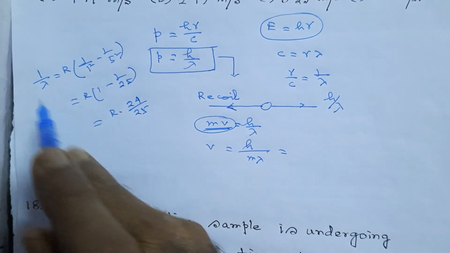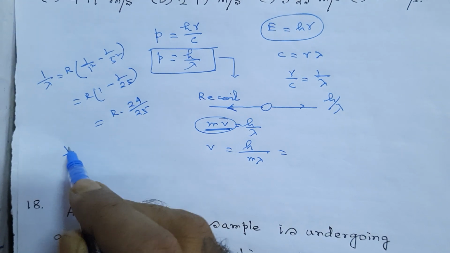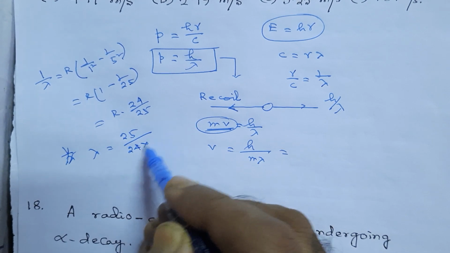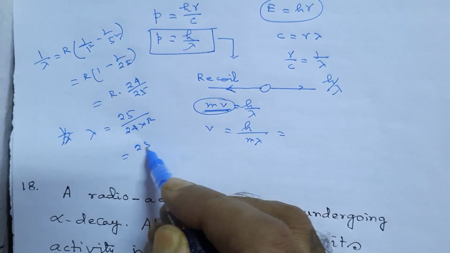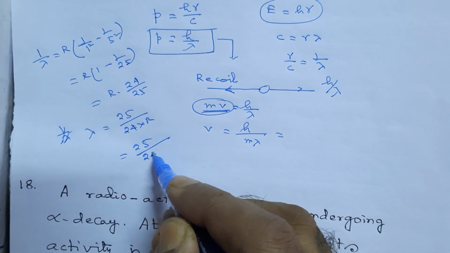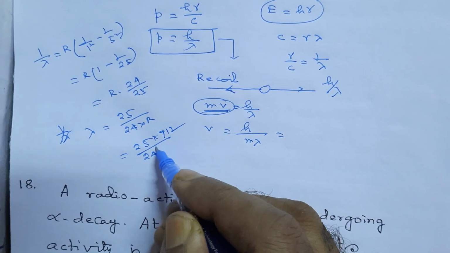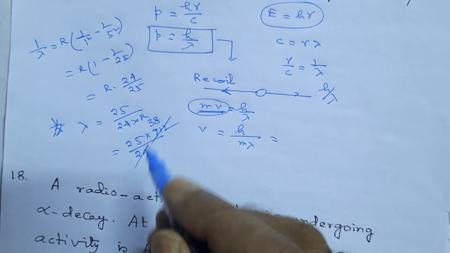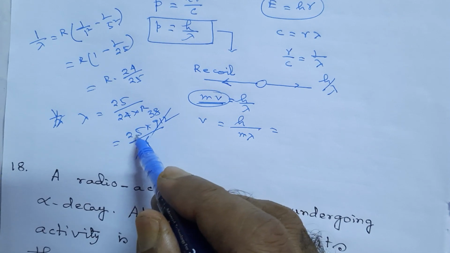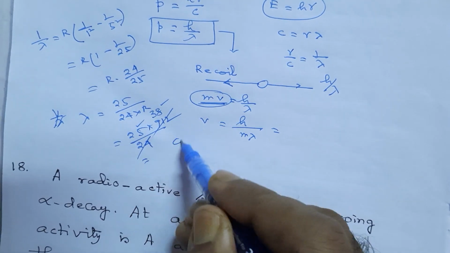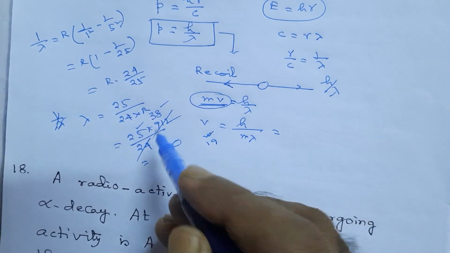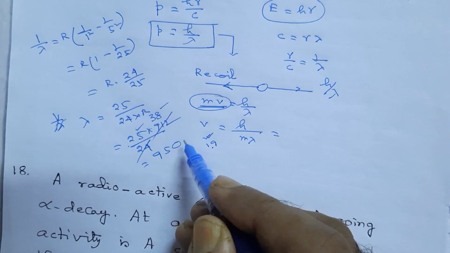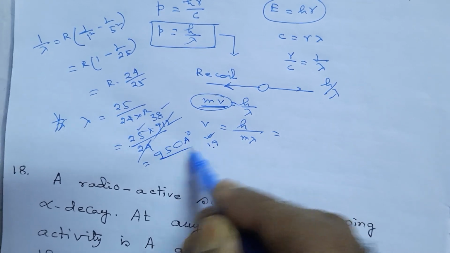So 1 by lambda equals that, so lambda equals 25 by (24 R). We know that 1 by R equals 912 angstrom. 912 by 24 is 38, and 38 into 25 is 950 angstrom. So lambda is 950 angstrom.